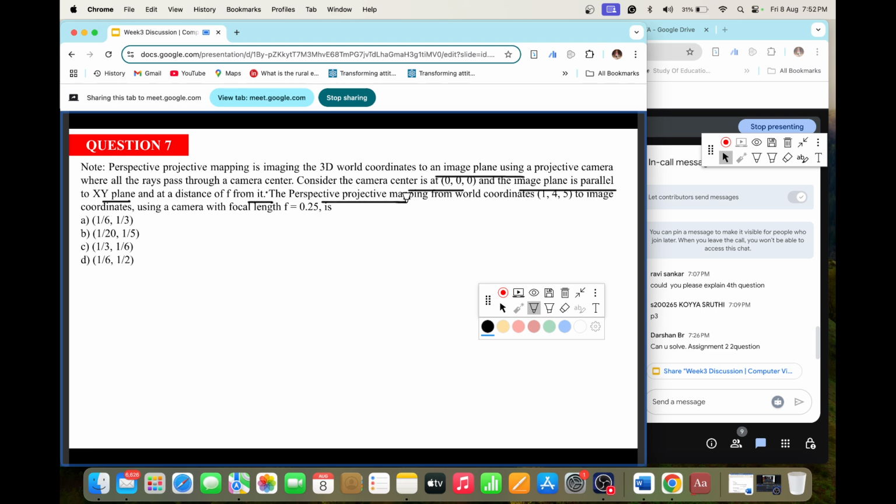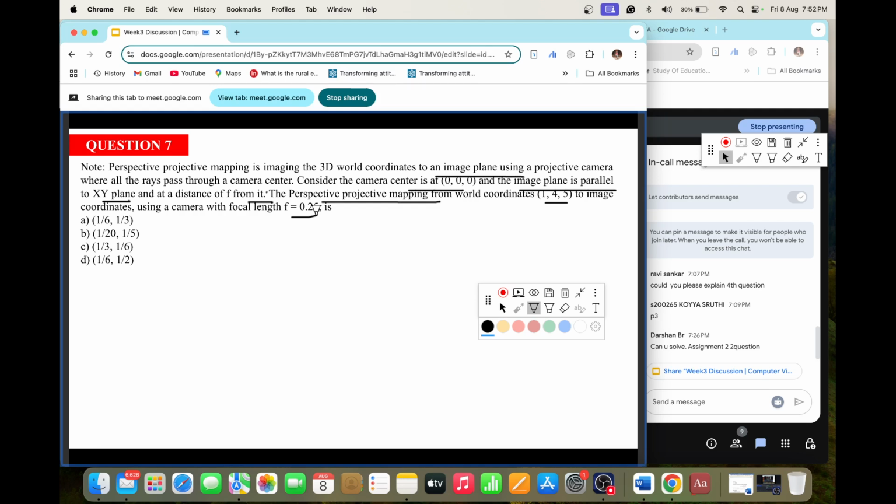The perspective projective mapping from the world coordinate 1 4 5, that is capital X, capital Y, capital Z, to image coordinate small x, small y we have to find, and f equals 0.25. There is no information about the offset of the principal point, so px, py is not given, so we have to find only x and y.